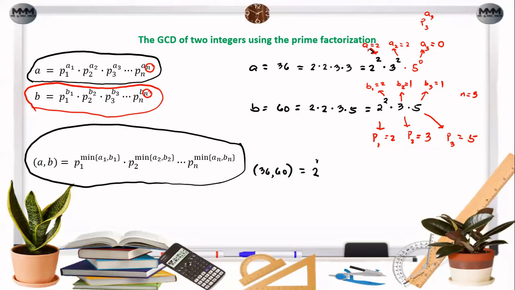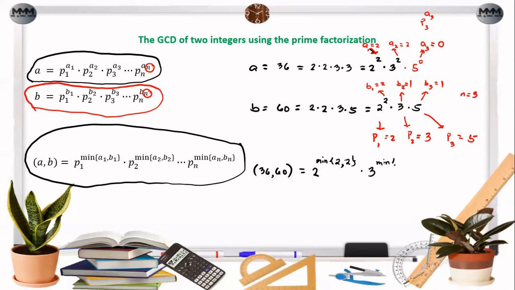Then we have the minimum of a1 and b1. So a1 here is 2, then b1 is 2. This 2 is the exponent in the prime factors of 36, this is a1, and this is b1. Then we multiply it to P2, and P2 here is 3.